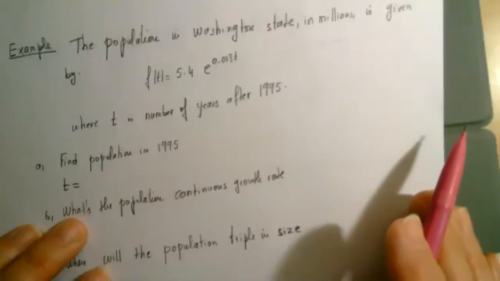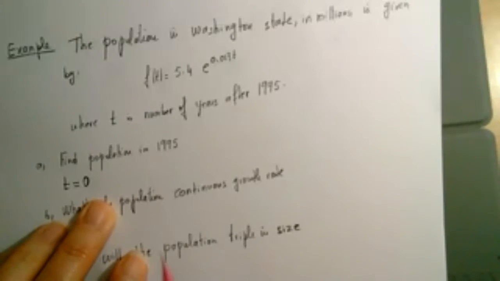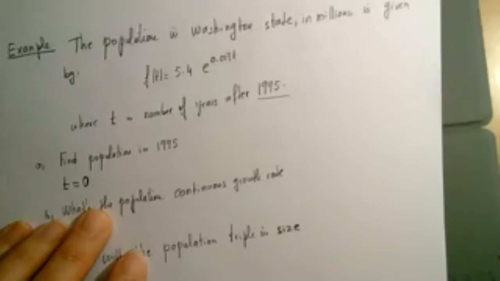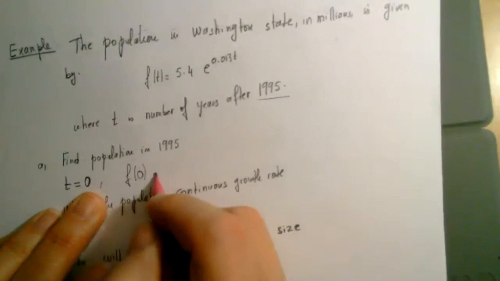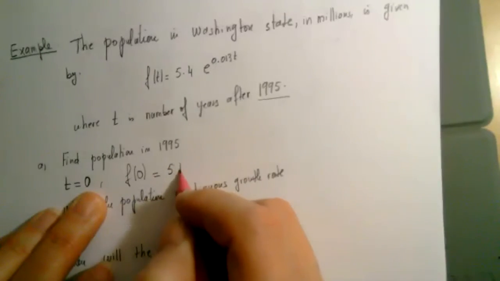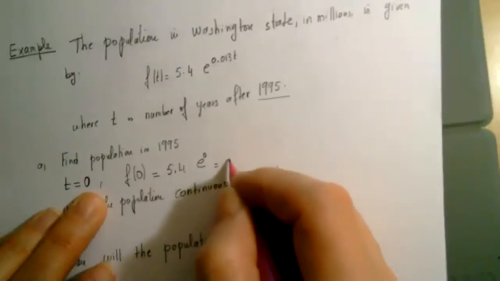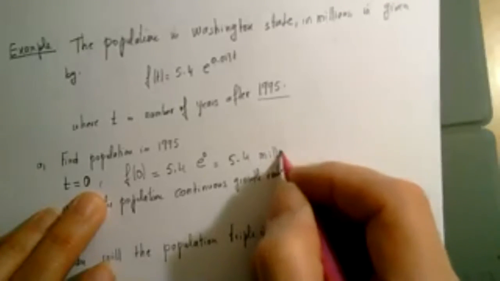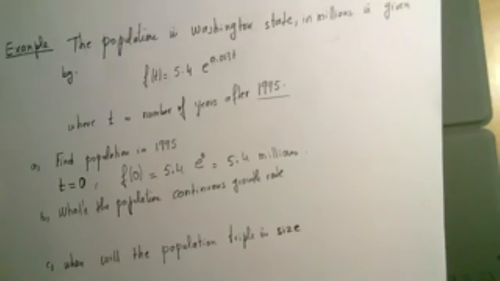Would it be the initial, 0? Right, t equal to 0. That's the initial, because t is the number of years after 1995. So what is the population at t equal to 0? It's the initial. It's 5.4 times e to the power 0, which is 1. It means 5.4 million. In 1995, the population in Washington state was 5.4 million.